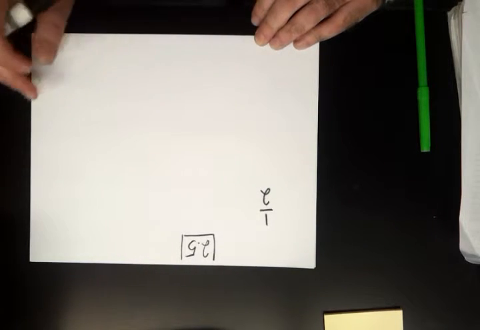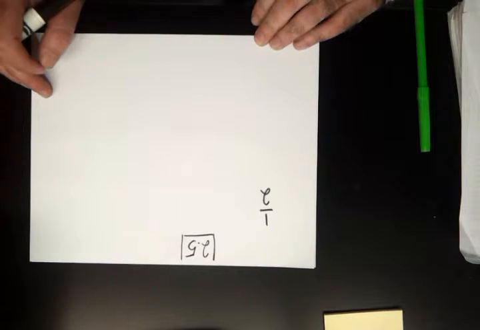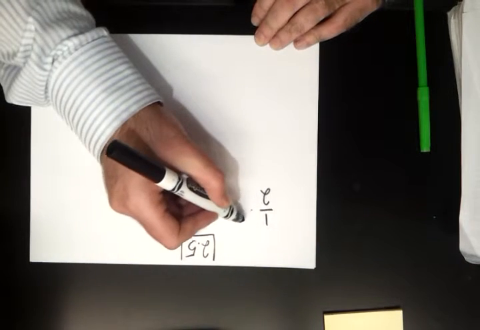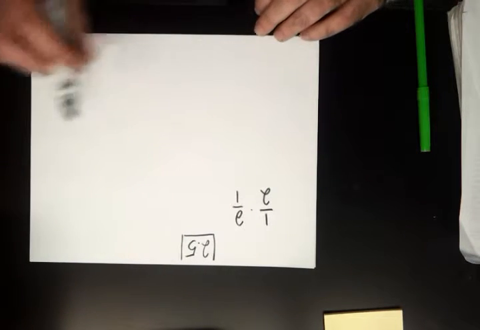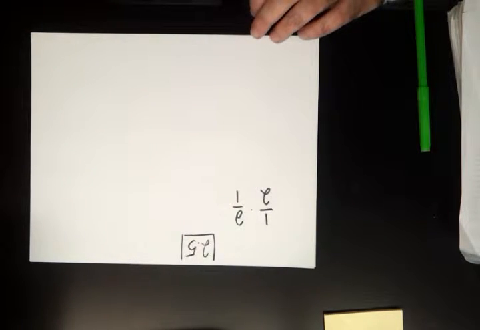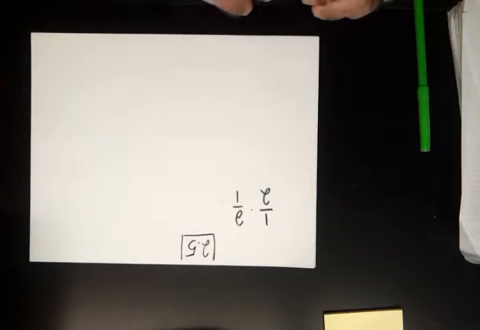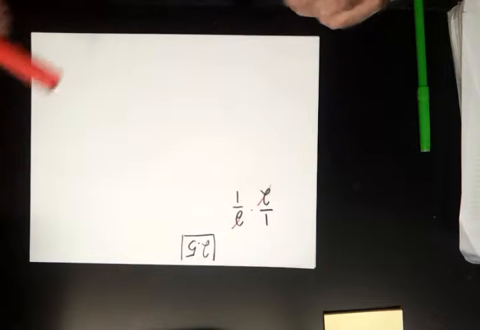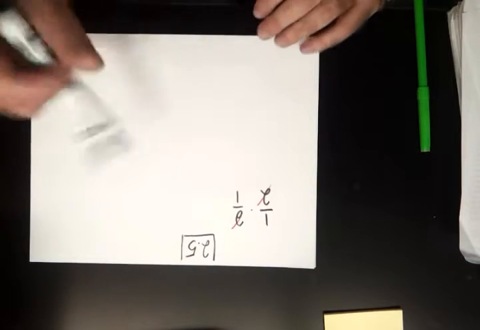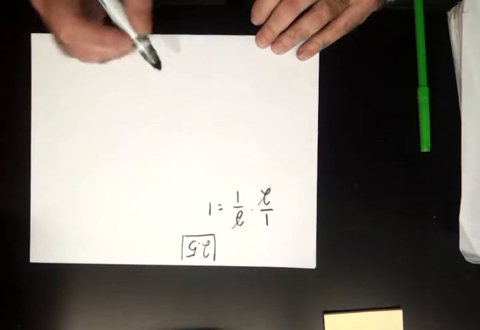So what can I multiply half by to make it a 1? I can multiply it by 2 over 1. And in this case, when I multiply it by 2 over 1, I get a cancellation, or the simplification of the 2's, which yields just the 1.